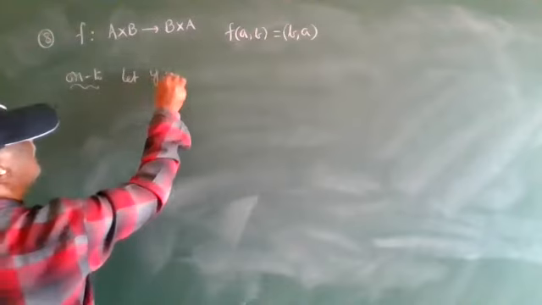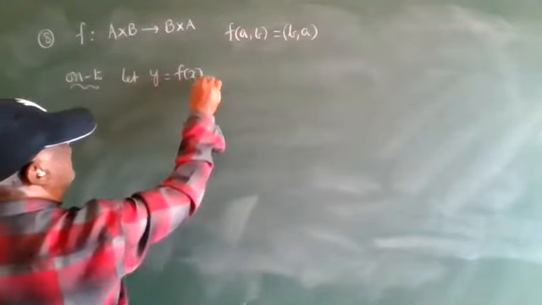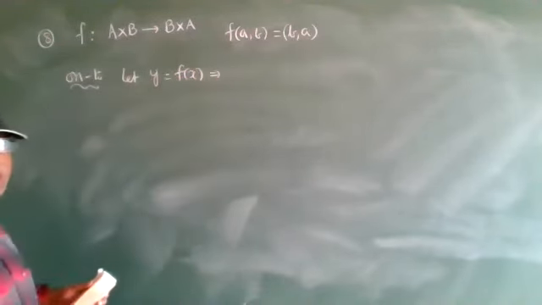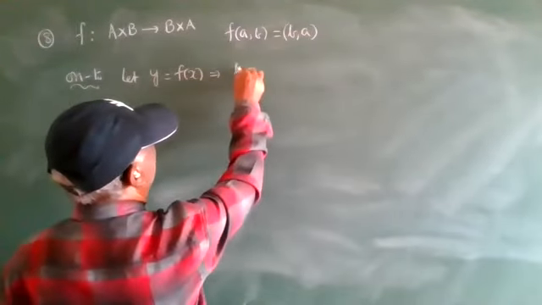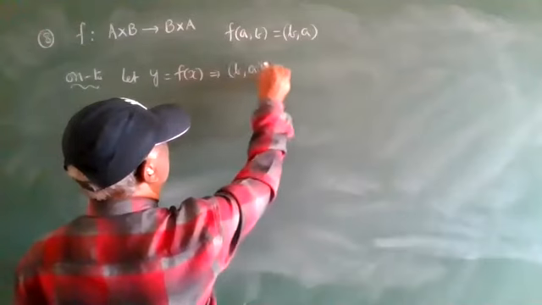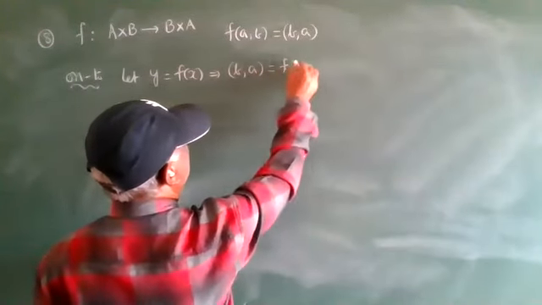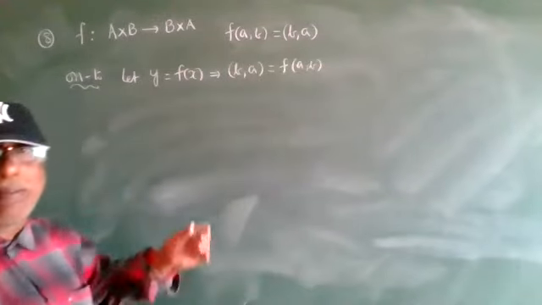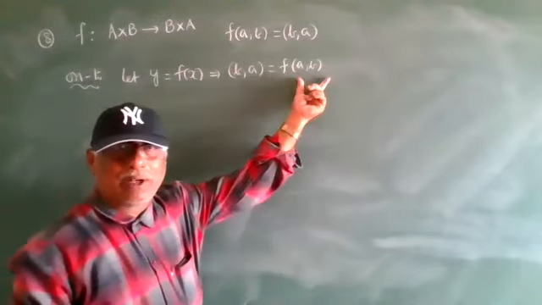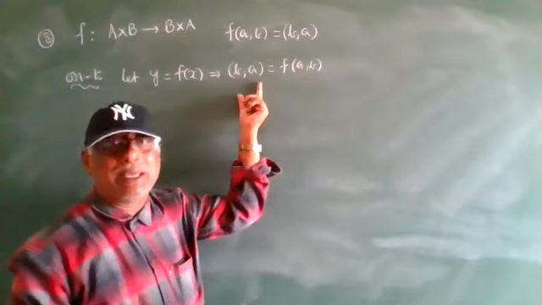Let y is equal to f of x. What is the y element? Here y is (b, a), equal to f of x where x is (a, b). So every element of the codomain has its preimage in the domain.